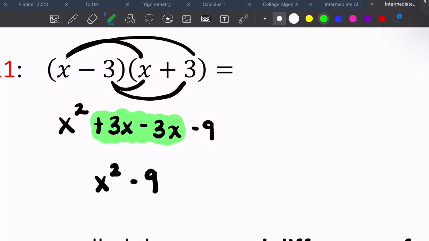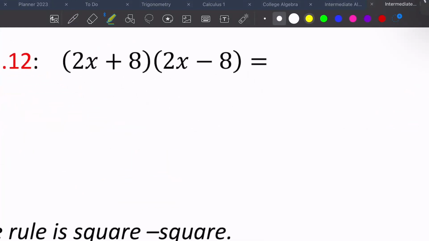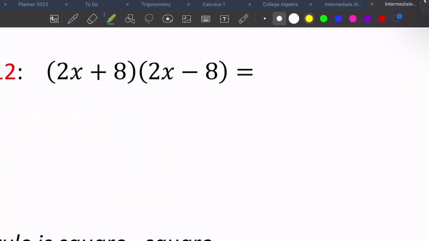So that middle term is no longer there, right? Because it added to 0, right? Okay, same thing here. We're still going to do it.